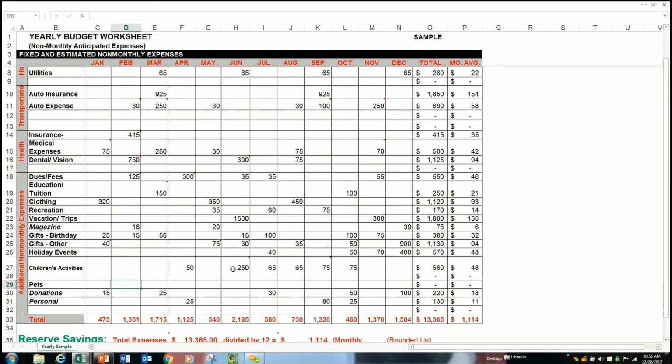If they have activities and camps and hobbies and classes, there's a place to log all that in, especially if they're in the little leagues and the various sports. There's a lot that goes on in families with the children's activities. And the pets, you've got your vet bills or other things for pets, and if you're going on vacation, if you're going to be kenneling them. So it's a place to gather all that.